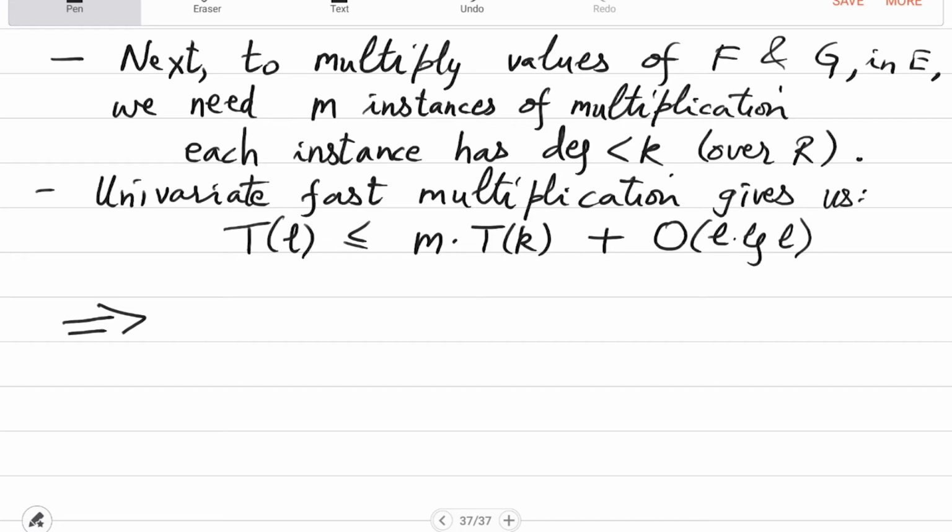The result you wanted is L log L. Will that be a solution of this? M times k is L, yes. In fact, you can think of both of them as square root L for simplicity.